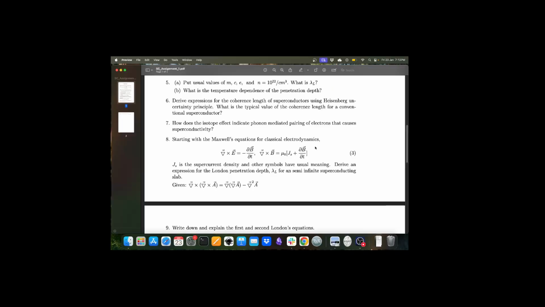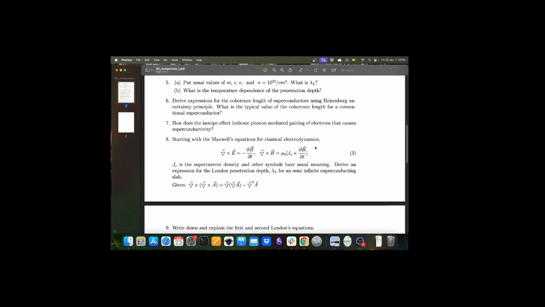Again, you need to convert to SI and then find lambda L. Lambda L has that formula, the London length scale. These are just numerics. You just put in the formula and be done.